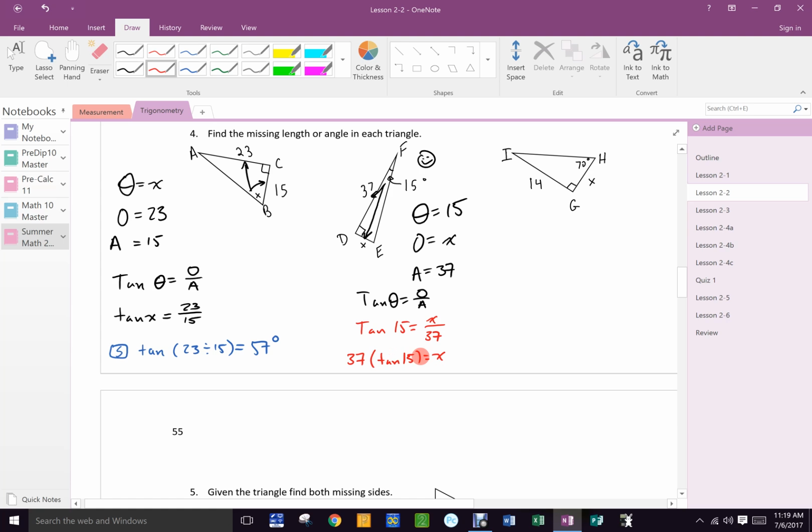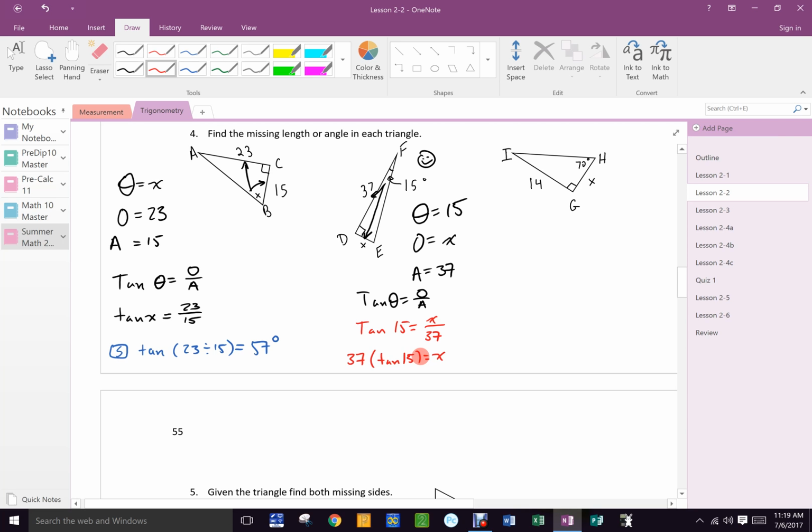How do you think I punch that into my calculator? Exactly the way we've been punching everything else into our calculator. If you got a forward calculator, 37 times tan 15. If you got a backwards calculator, 37 times 15 tan. What do you got to hit at the end? Equals. So many backwards calculator people do not hit equals because as soon as you hit 15 tan, your screen changes and then everybody stops.